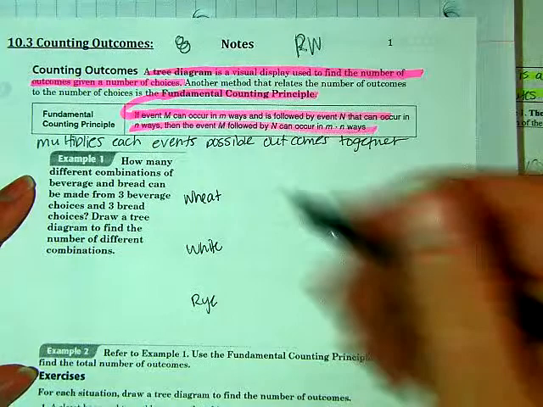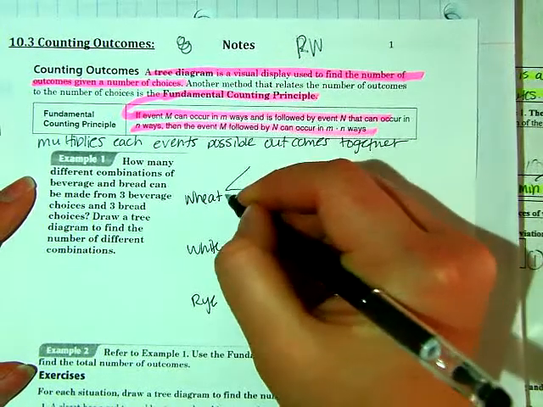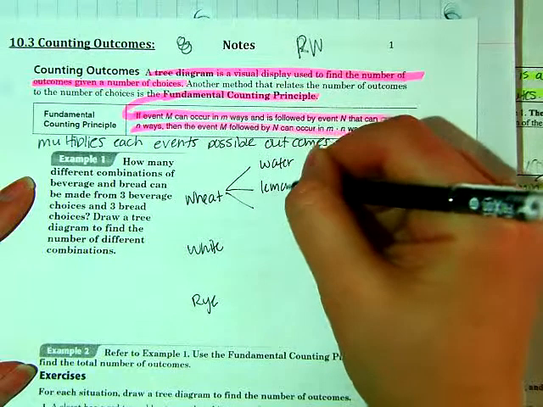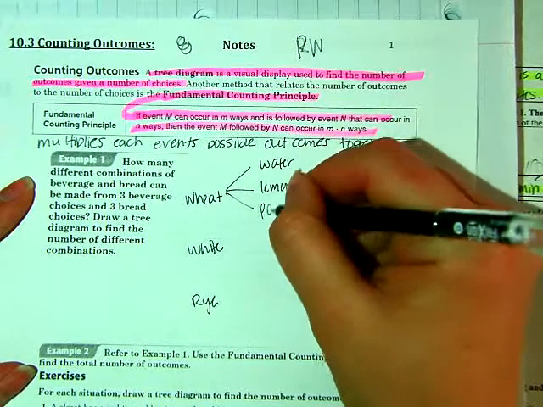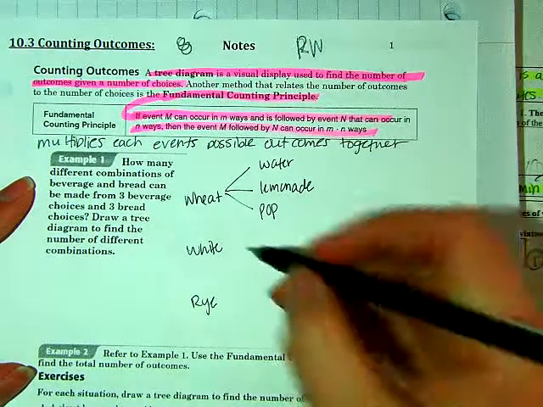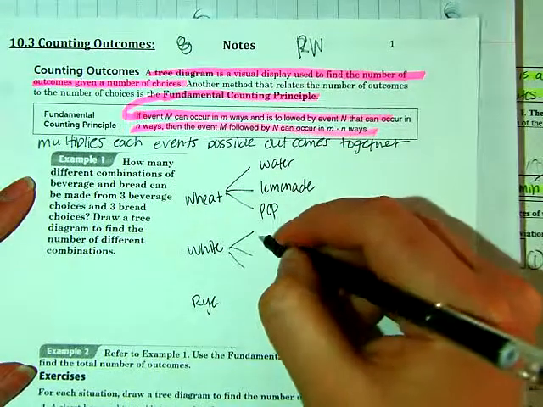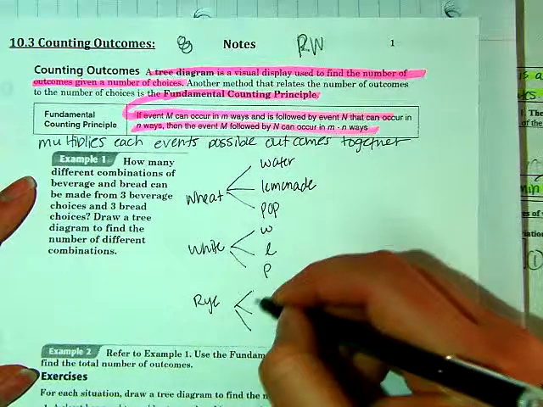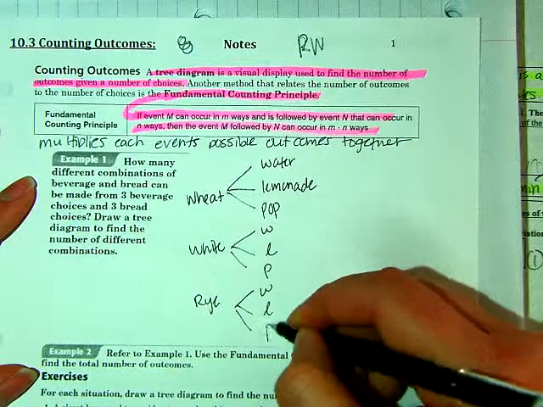After we pick a wheat bread, we still have a choice of water, lemonade, or pop. Those would be our 3 beverages. Same with white, I could pick water, lemonade, or pop. If I picked rye, I still have those 3 choices.